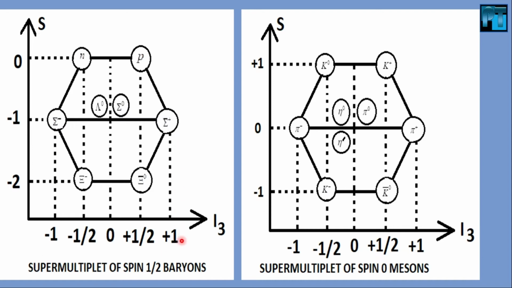Actually, you can also determine it from the multiplicity formula 2I plus 1 equals multiplicity, then I equals a particular number, and from that and from the number of particles you can easily determine I3. But from these pictures you don't have to remember anything. You just remember these pictures and everything will be clear.